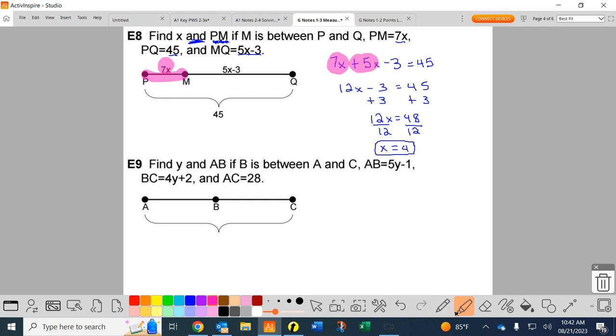So it'd just be 7 times that 4, and that would give you that PM is equal to 28. That's how long that segment would be. So that would be the 2 answer blanks. X equals 4 and PM equals 28. Does anybody have any questions? Because we're going to do it again. We have only one more of these though, because then we're going on to something else.